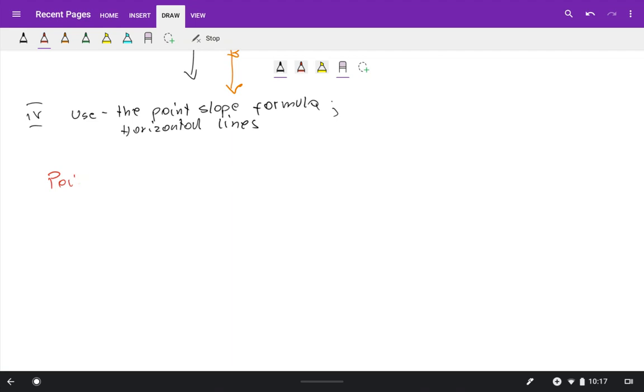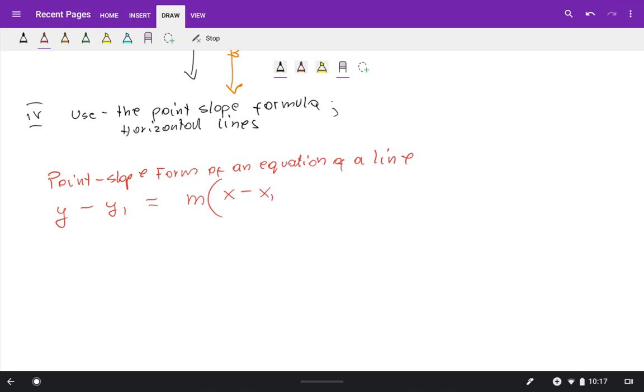Point slope form of the equation of a line is y minus y1 equals m times x minus x1.